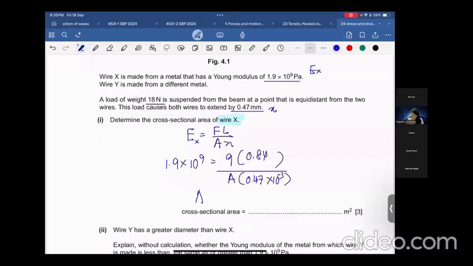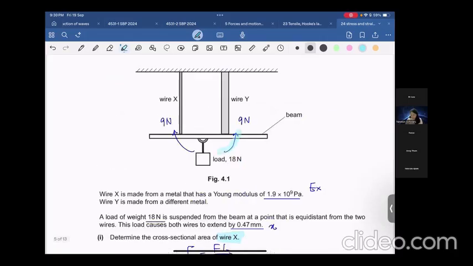So at the end, A equals 8.5 times 10 power of negative 6 meters squared. So boys and girls, for this question, what is the difficult part? Actually it is this. They test you on whether you know that wire X only experiences 9 Newton. Correct. So dear, no question for this one, right? Actually it's testing and practicing you. Do you know it's 9 Newton?